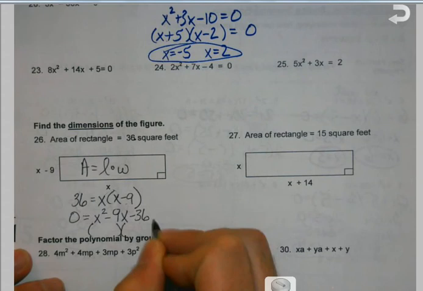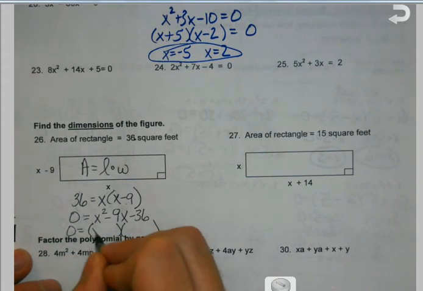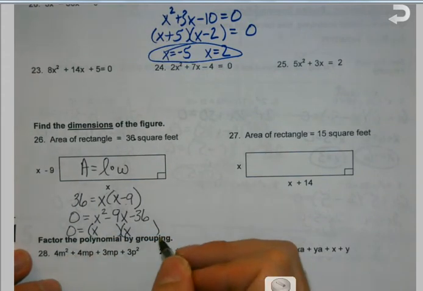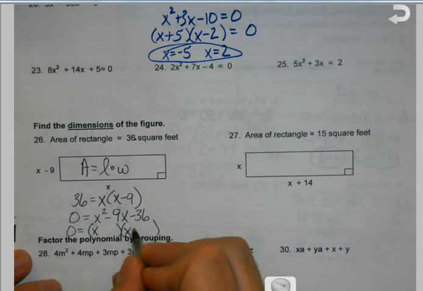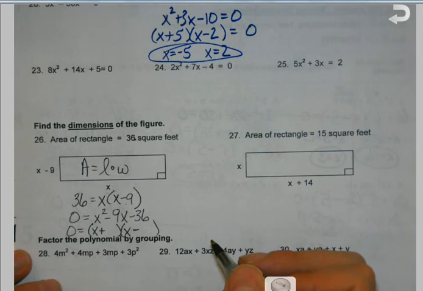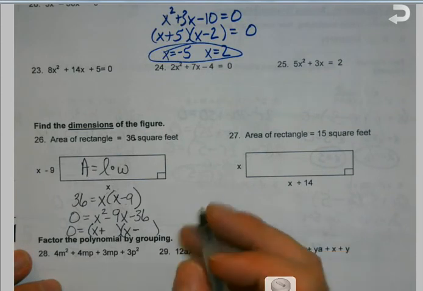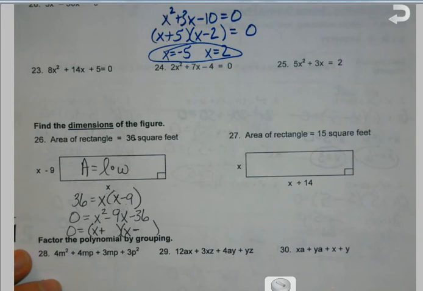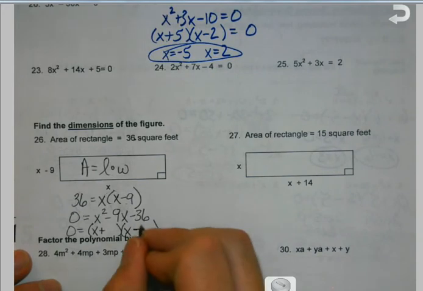Factor what you have left. Let's see here. We got a negative and a positive. Negative's bigger. What are our two numbers this time? Multiply 12 and 3.